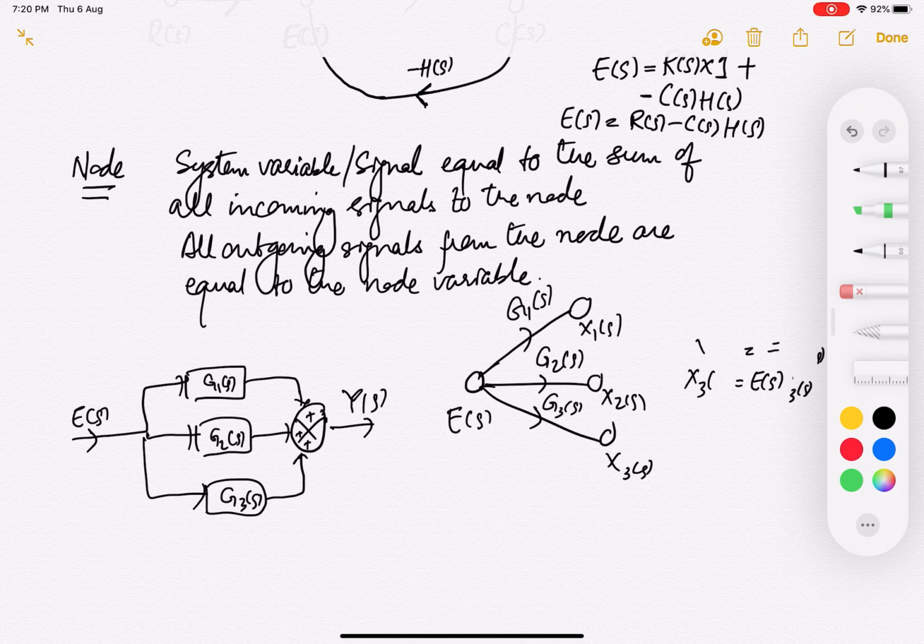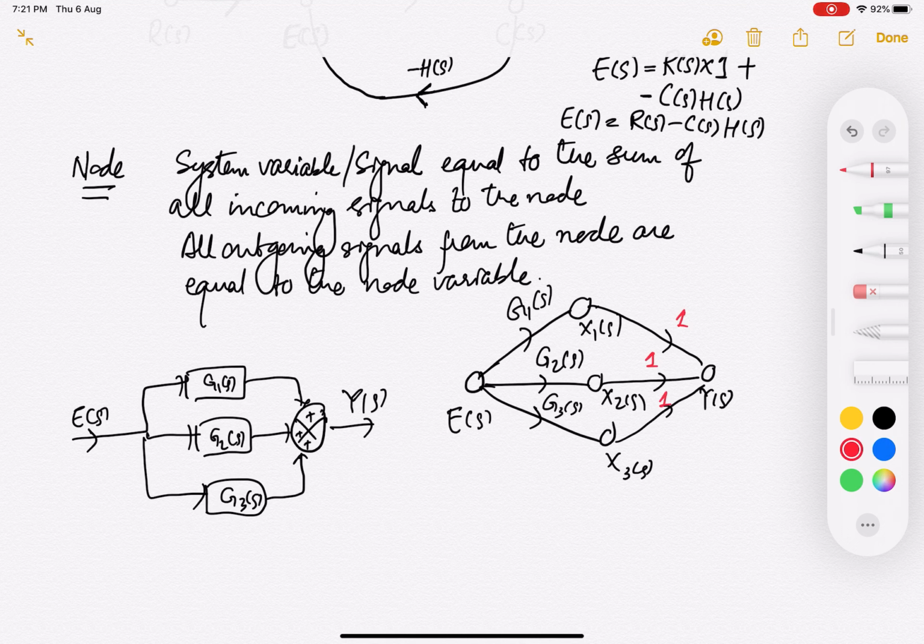You can represent the same using this structure by creating another node here, which you call ys. Your ys is the sum of all three signals, so you just connect these like this, and the gains are 1.